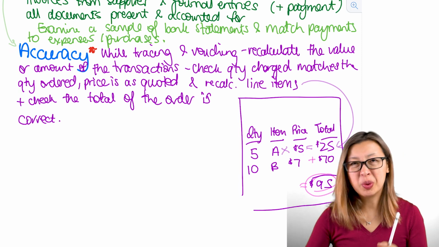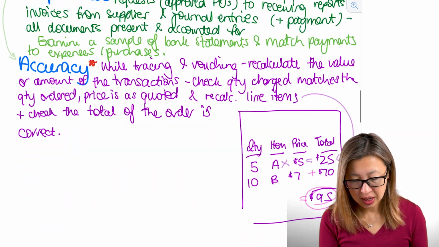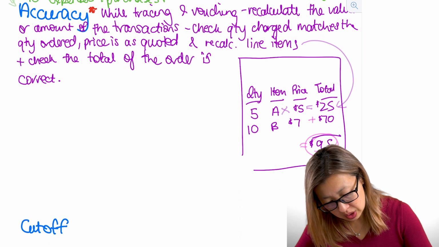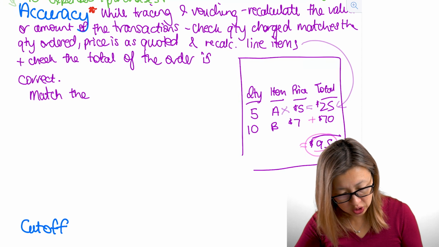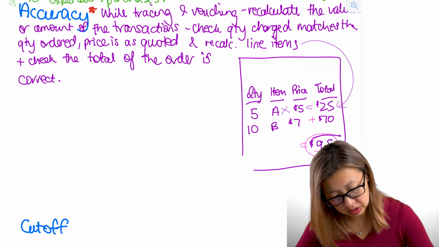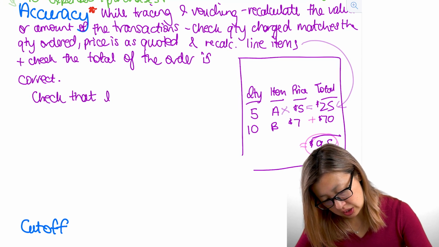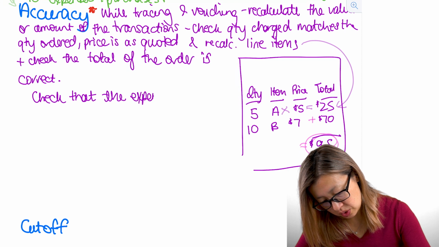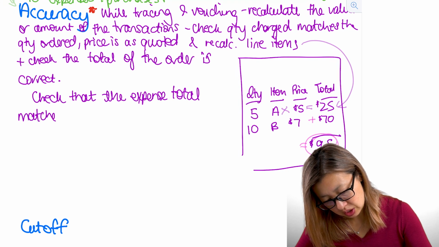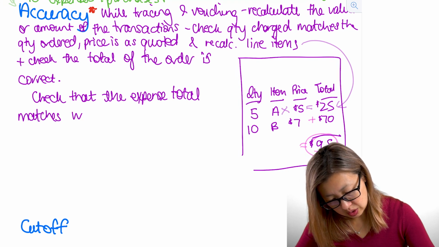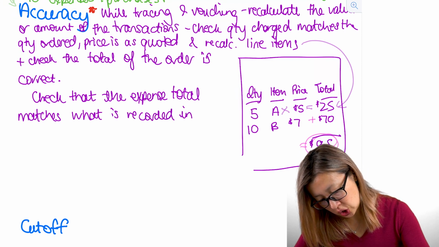So another thing that we can put in here, but you're sort of going to do at the same time as testing occurrence and completeness, is that you will also, rather than match, let's say more accurately, check that the expense total matches what is recorded in the journal entry.